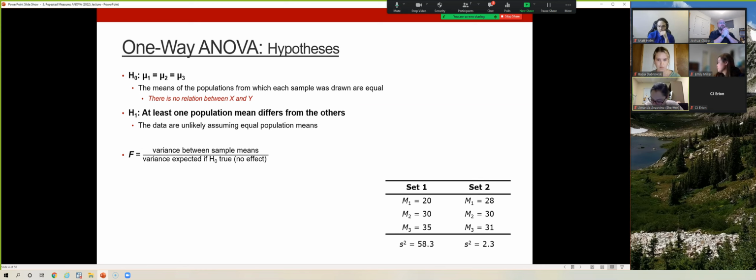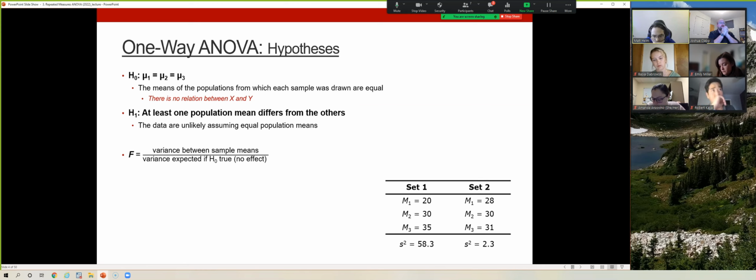Matt, which one of these sets is showing more variability? Set 1. Set 1, and how do you know that? Because the sum of squares, or the variance, is higher for set 1. The variance is higher for set 1. Yep.